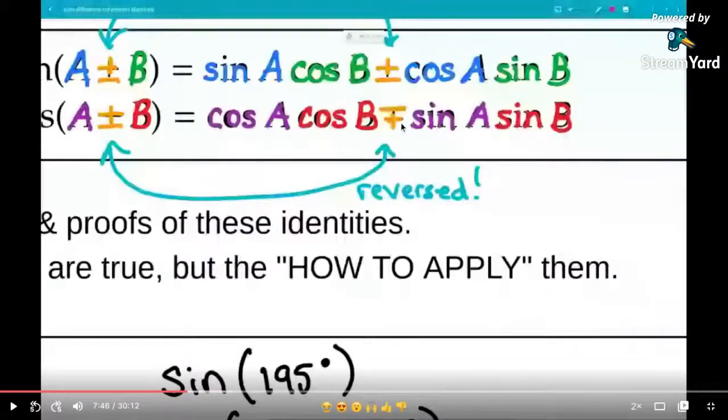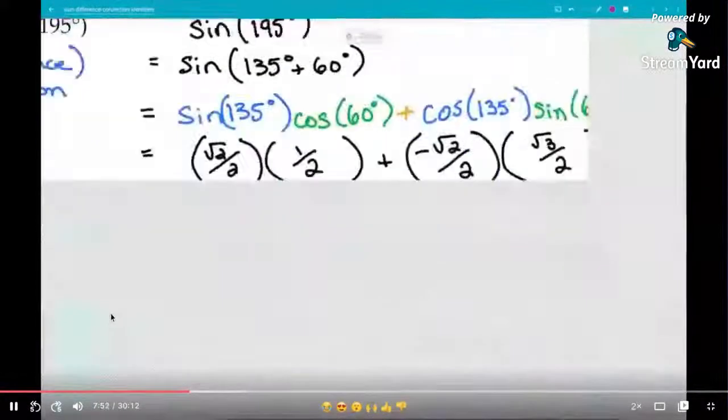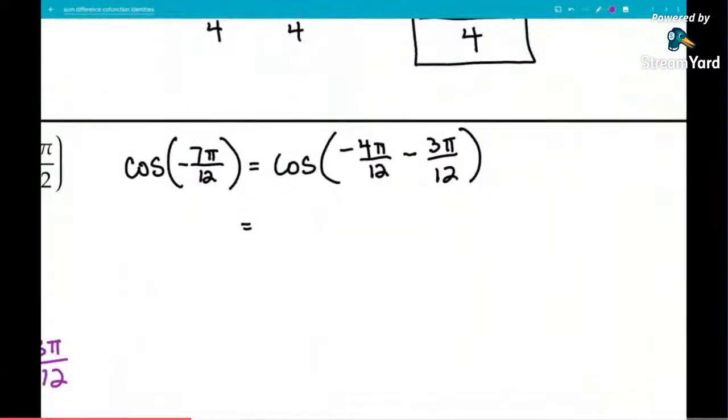Then I'm about to write a plus sign in between, since my two angles are separated by minus, of the sine of negative 4 pi over 12 multiplied by the sine of 3 pi over 12. I believe I have that right. Pay careful attention there and rerun this video as you need.